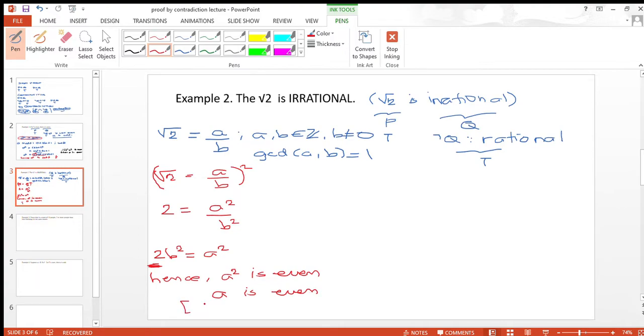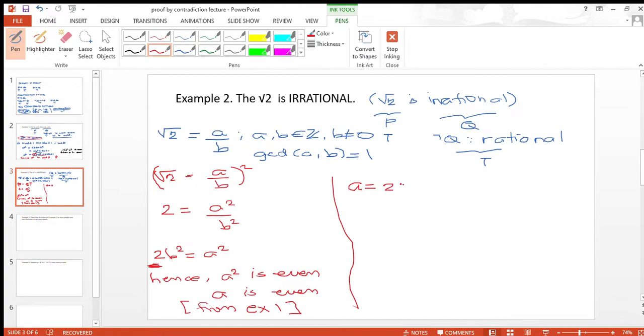How do we know that? From example number 1: if a squared is even, then a is also even. So where can we use that? A is even. So if a is even, then a can be expressed as 2 times another integer.